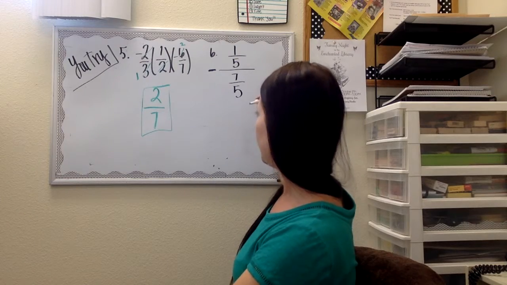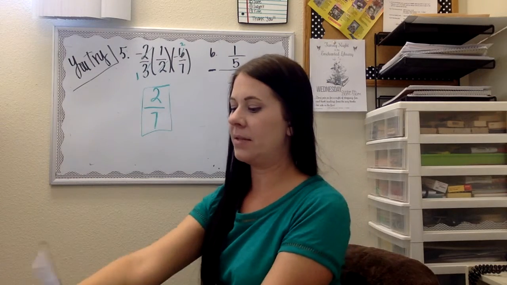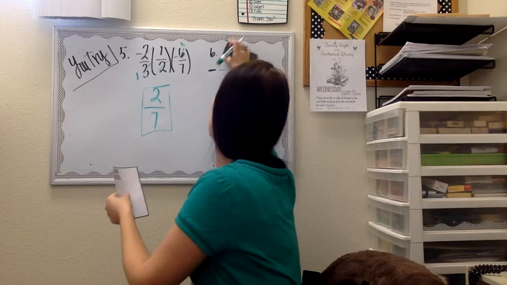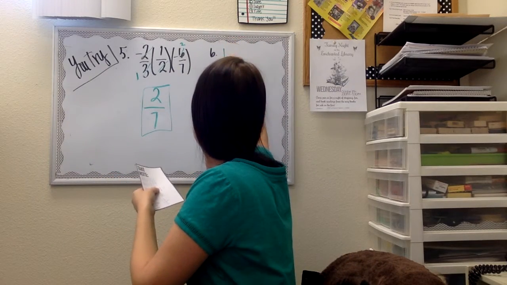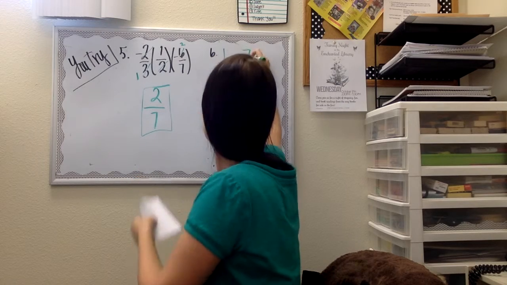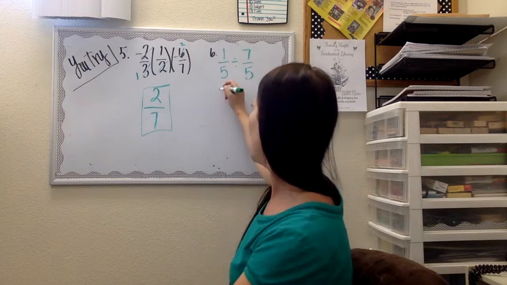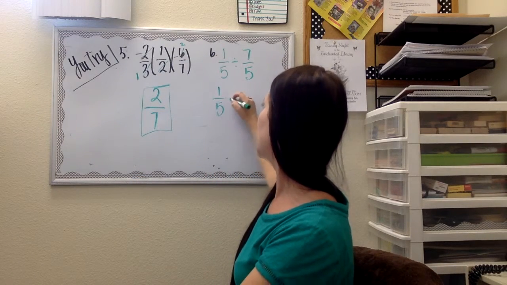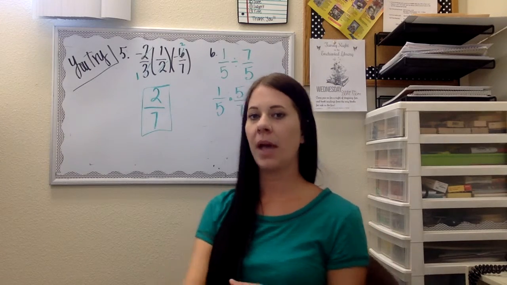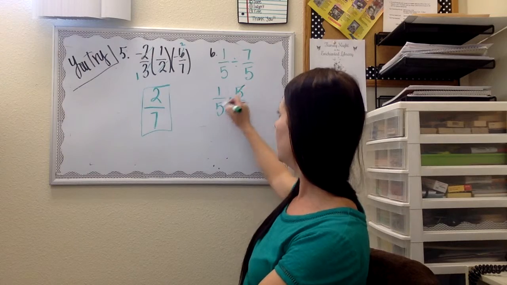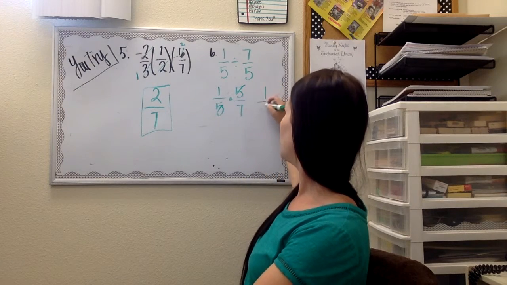So with number 6, the first thing I want to do, and I'm going to erase so that I have lots of room. You don't erase on your paper. The first thing I want to do is make it a 1 over 5 divided by 7 over 5. And some of you just went ahead and made it 1 over 5 times 5 over 7 because you're starting to see that pattern. Okay? Then I cross cancel 5s, so I'm left with 1 over 7.